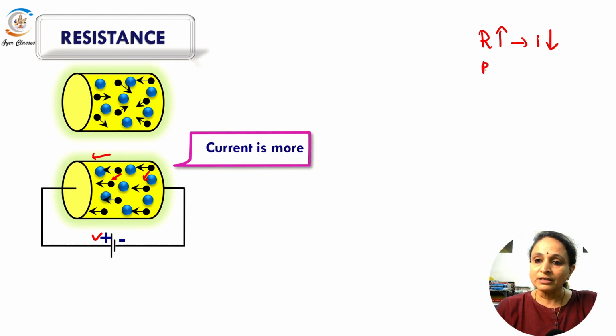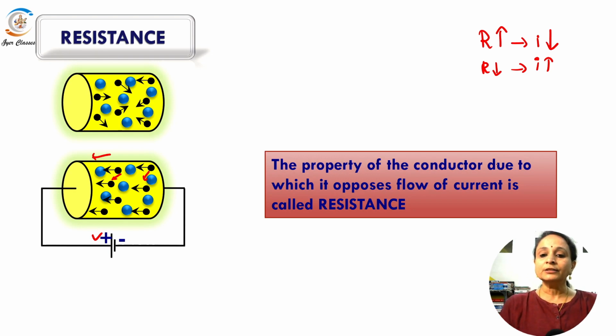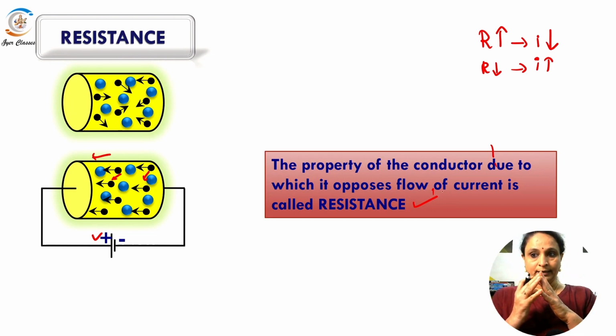So if the resistance is small, then the current will be more, right? So the property of the conductor due to which it opposes the flow of the current is called resistance, right? So resistance is the property which actually obstructs the flow of the current through it.